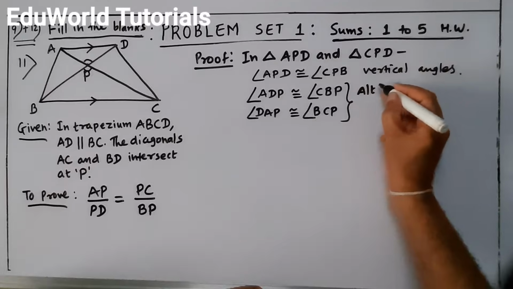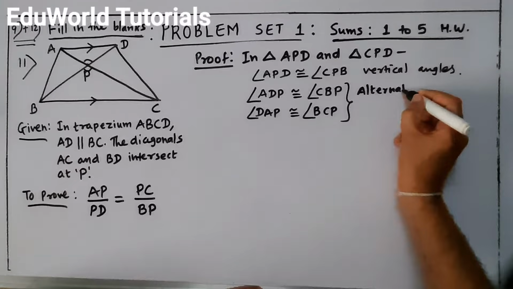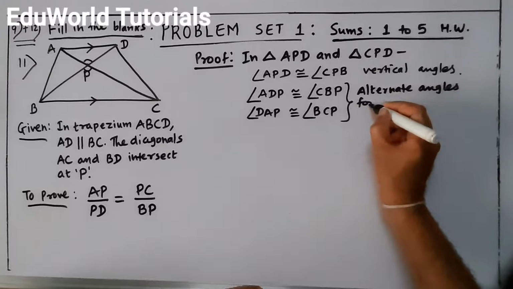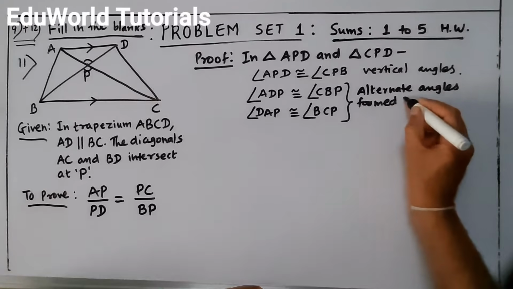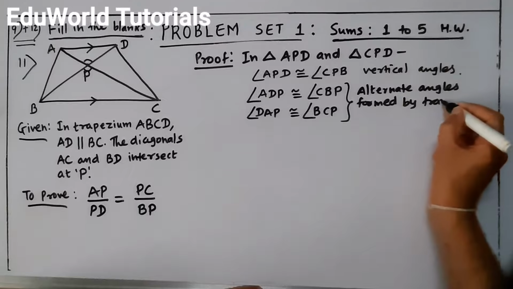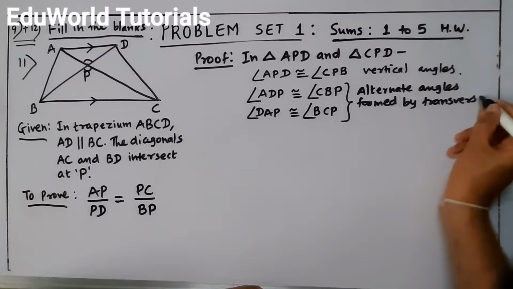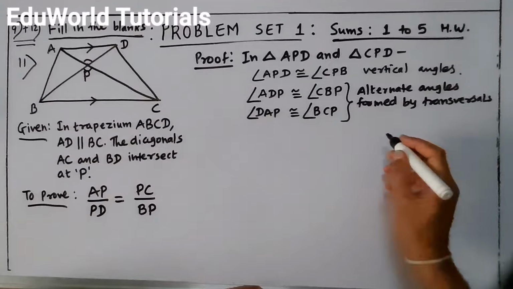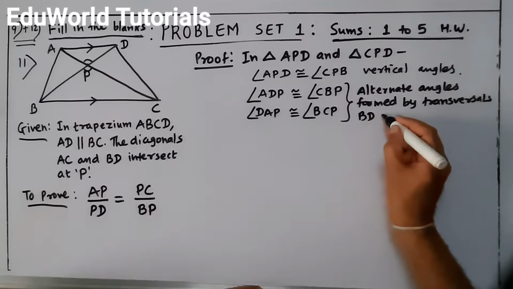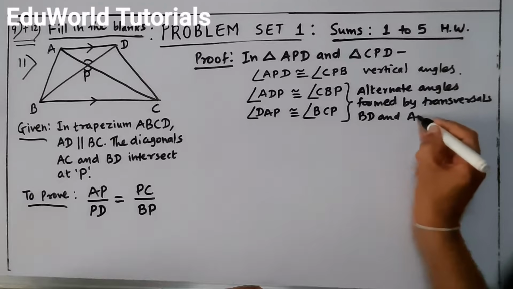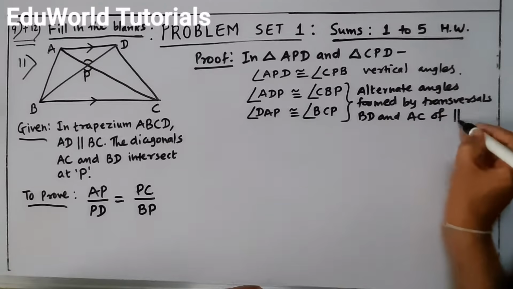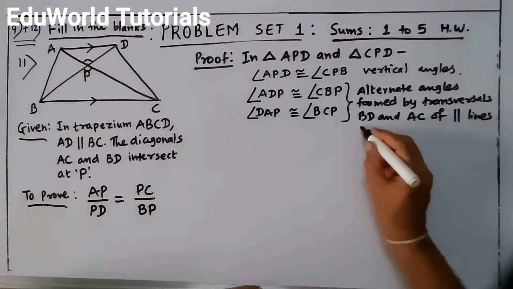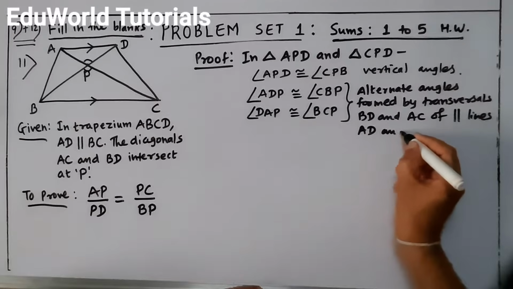Alternate angles formed by transversals. Which are the transversals? AC and BD, or BD and AC, of parallel lines. Which are the parallel lines? AD and BC. Parallel lines AD and BC.